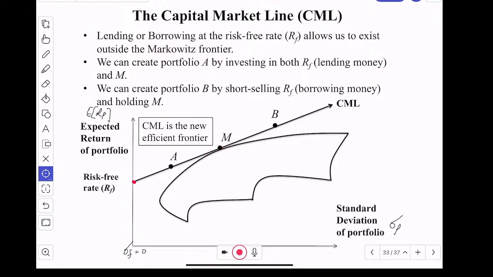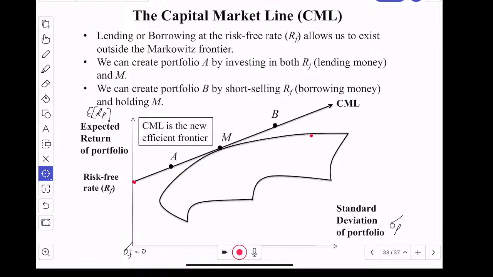Because without the risk-free borrowing and lending, we're stuck with these, and it's hard to choose between them. We have no other information on how to choose between them, because it depends on people's risk tolerance. They're risk averse, and some people are willing to take a little more risk than others.